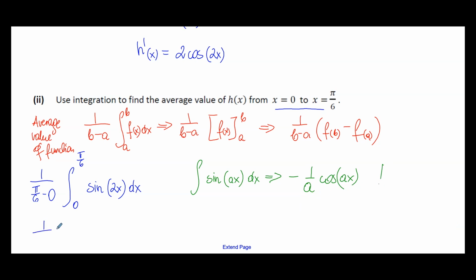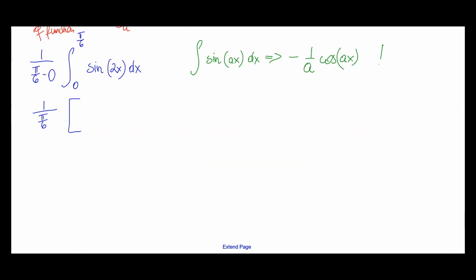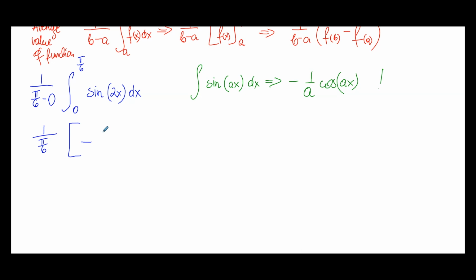So let's apply that. That's 1 over pi over 6, because minus 0 will be just pi over 6. And we are applying our formula. So that means minus 1 over 2, because that's the value that stands beside x, multiplied by cos, and the angle doesn't change, 2x, and that is within that interval pi over 6 and 0.